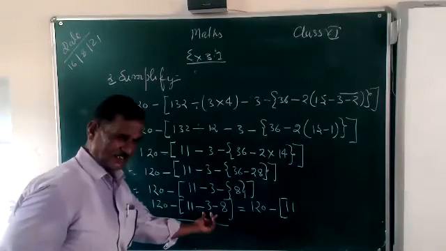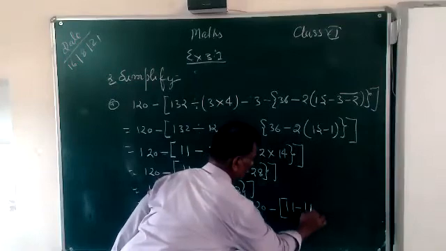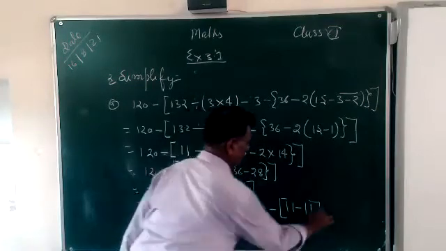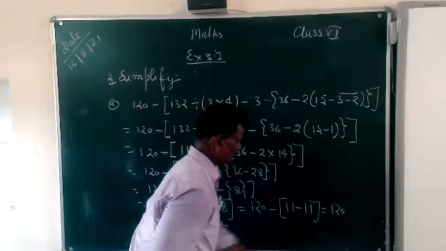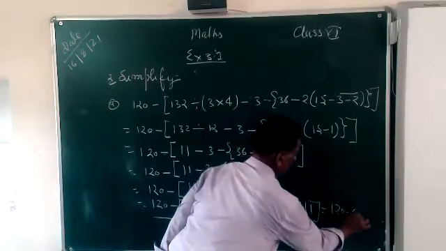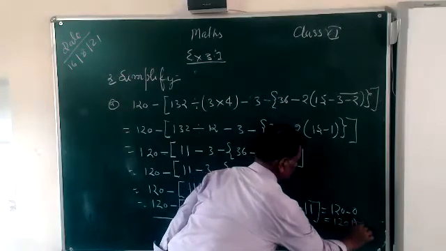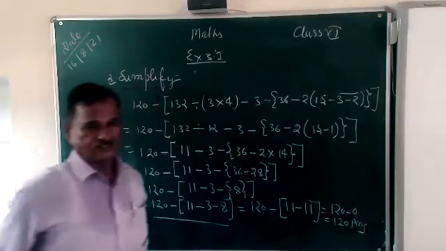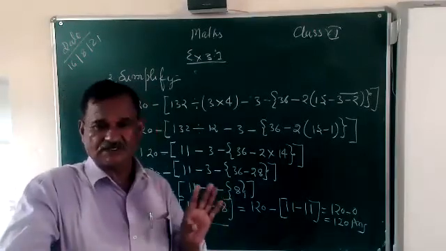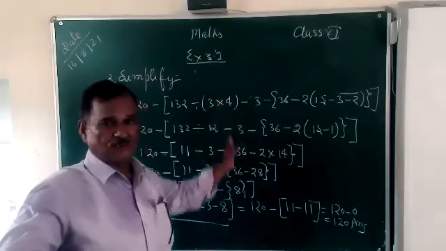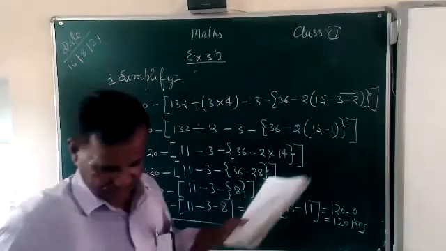These two signs are same, then add this, that is minus 11. 11 minus 11 in the square bracket, and that is 120. 11 minus 11 is 0. 120 minus 0 is 120. This is your answer. This way, if you try, then every question you can do by using the BODMAS law. Now, see one more question.